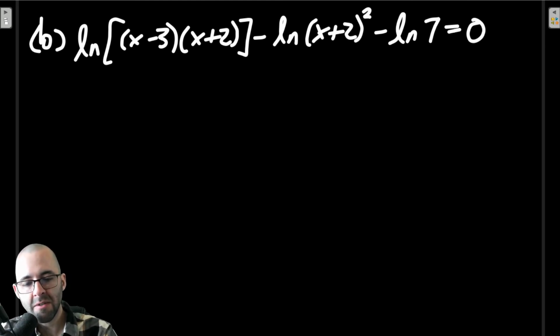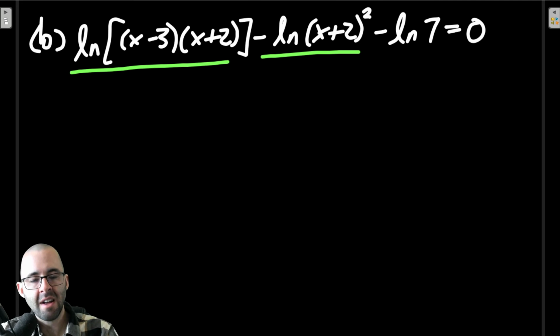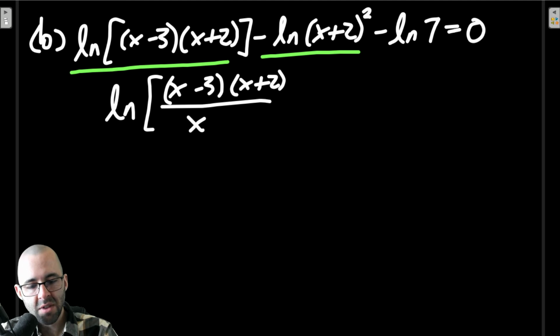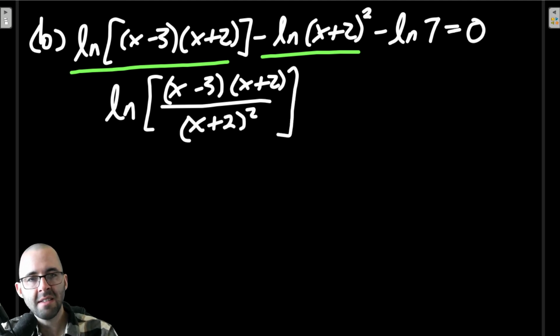So what we're going to do is our first step is we are actually going to combine these. A natural log minus another natural log is division. This gives us the natural log of x minus 3 times x plus 2 over x plus 2 squared. And then we still have that minus natural log of 7.